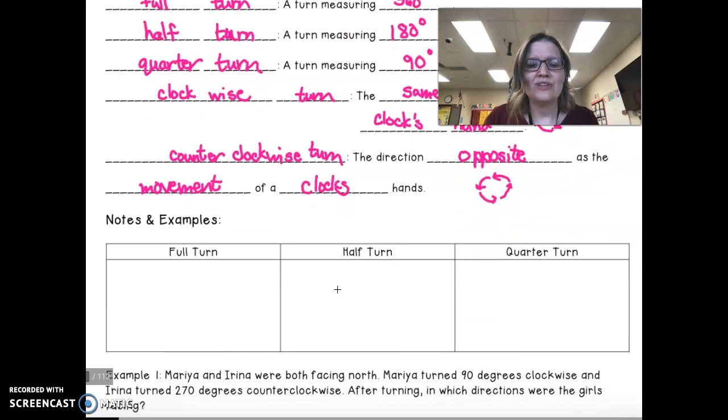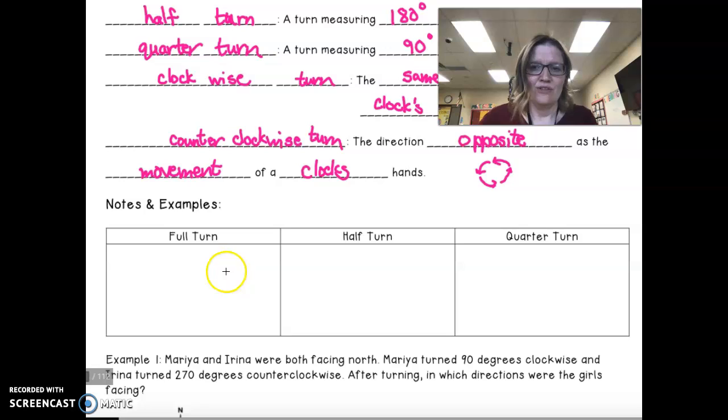So let's do a little bit so that you understand. A full turn. I am going to draw a shape and let's see if this works. A full turn looks like this. We start at a point and we go all the way around till we get to here.